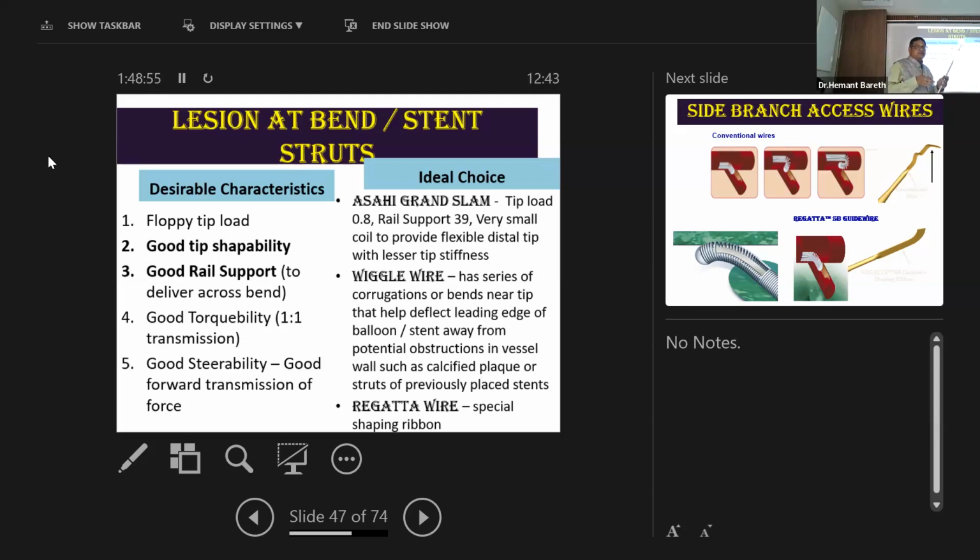And so what happens is, once you move the wire, the tip either may align with the vessel wall or it may come out of the vessel wall. So suppose I will show you this one. If you push the wire, then its tip moves away from the vessel wall. If you push more, then it again touches the vessel wall.